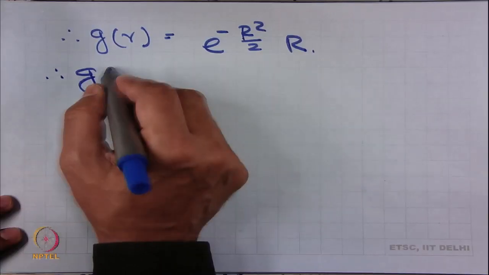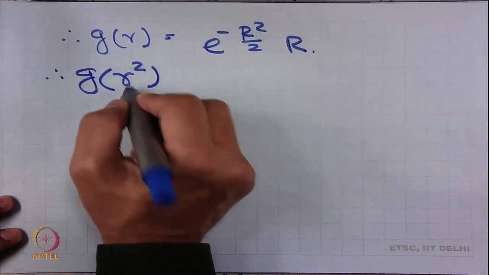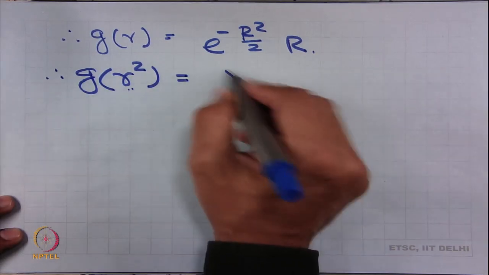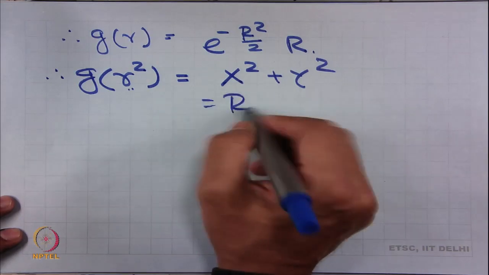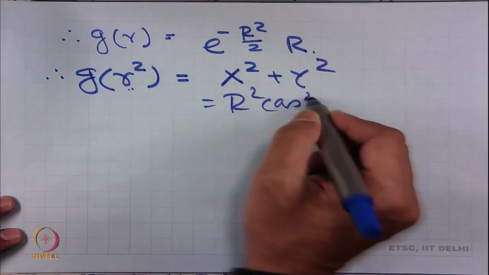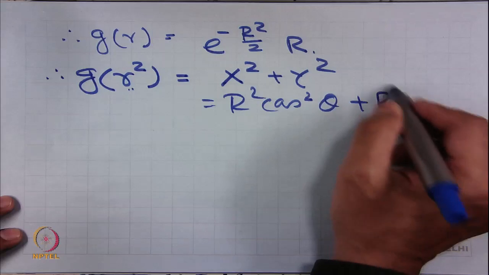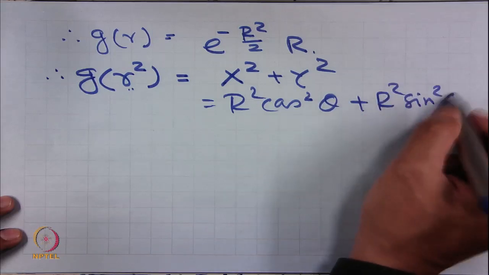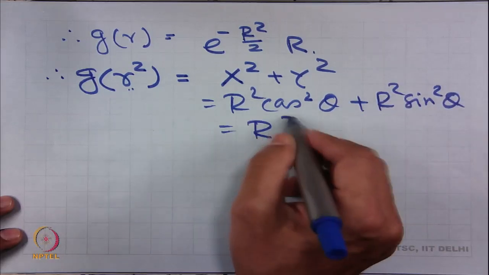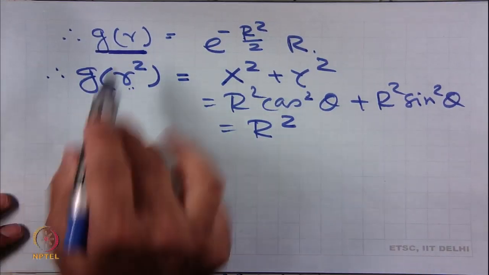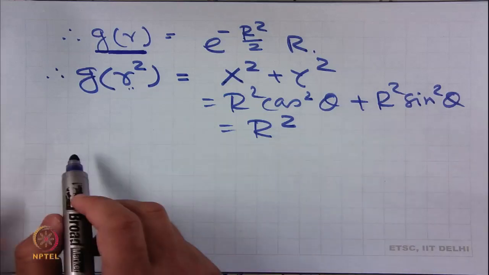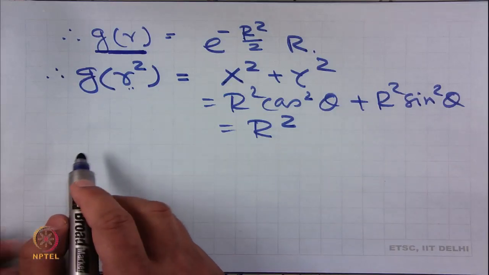But we need to find the density of r square, because x square plus y square is equal to r square cos square theta plus r square sin square theta, which is equal to r square. But so far we obtained the PDF of r. Now we need to find the PDF of r square.